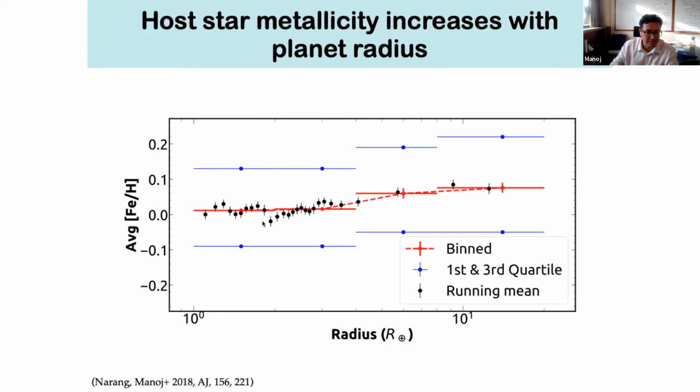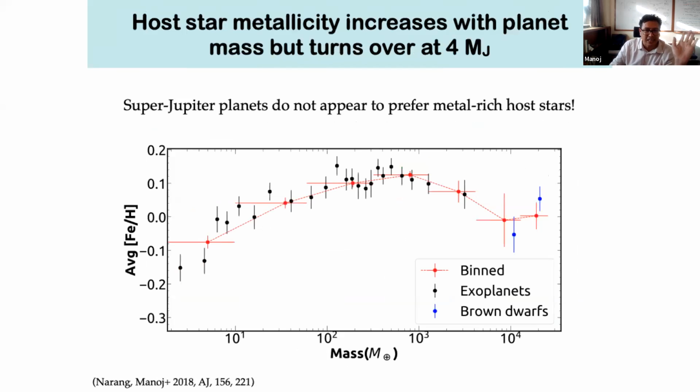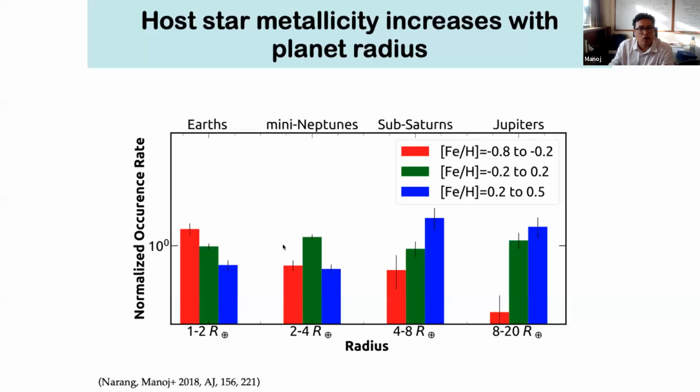Here is one such representation, done by my student Mike Merrick. This is an occurrence rate diagram, so this is after taking care of all the selection effects. The red histogram is for subsolar metallicity, or iron content less than that of the Sun.